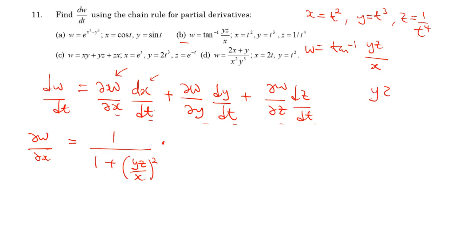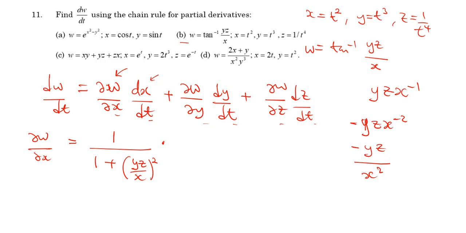When I take the x in the denominator, I can write it as x to the power of -1. When I differentiate this, I get -1 multiplied by yz, then x to the power of -2, so I can write this as yz over x squared.